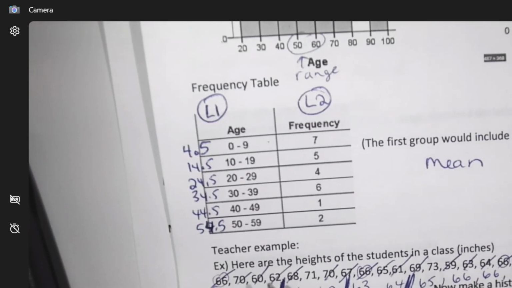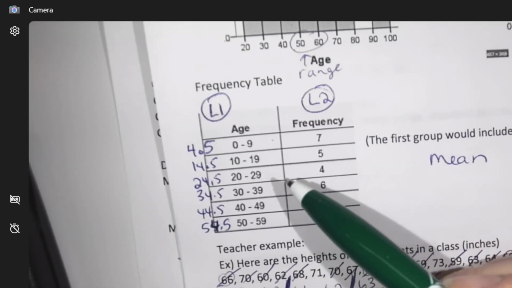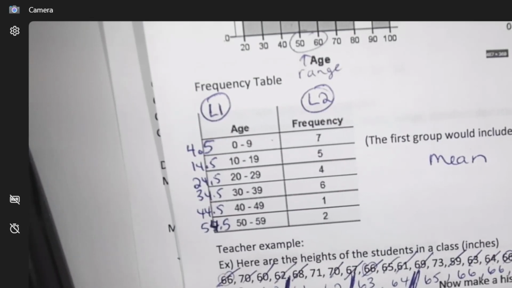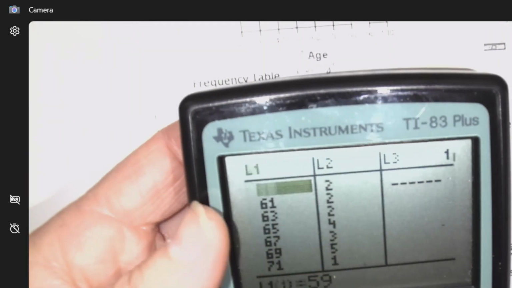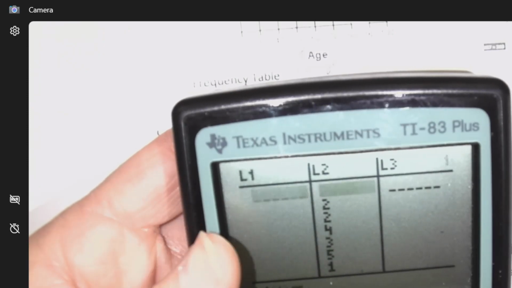Okay, so give me on this a stat edit. Stat edit, clear down, up, clear down.